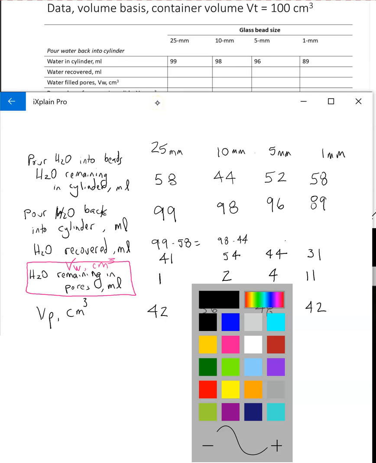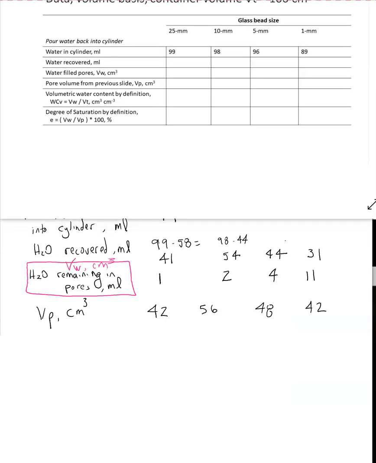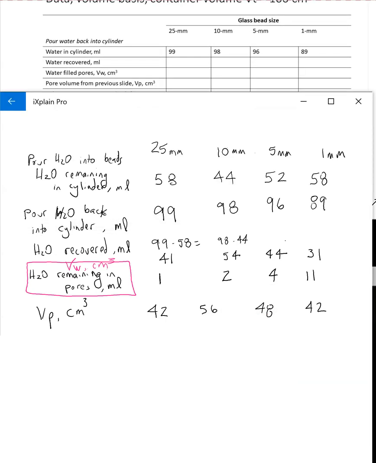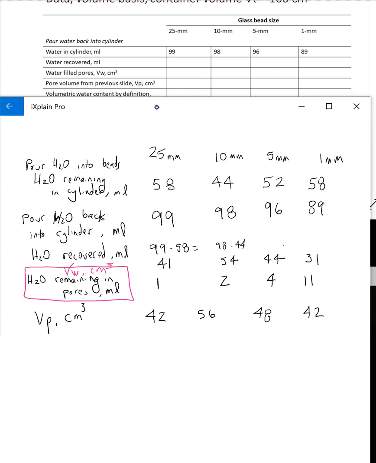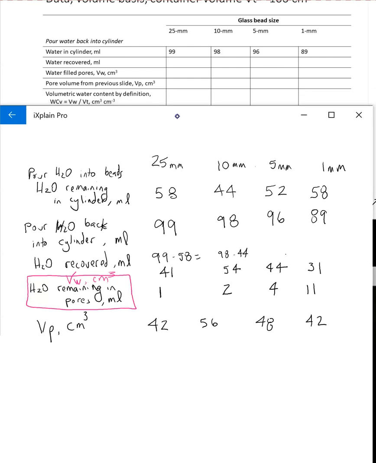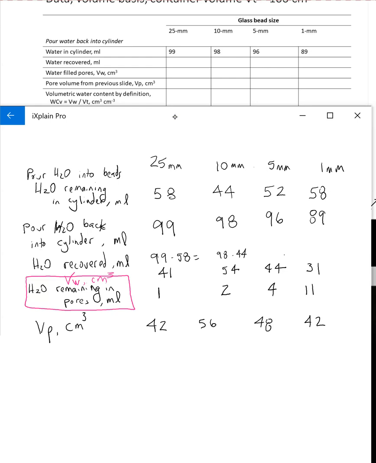Now, the next thing that we want to know, we have the pore volume that we got from the previous slide. And now we want to do the volumetric water content using the definition formula. If we think about our cube again, the volumetric water content, we did that previously. And the volumetric water content by volume is equal to the volume of the water divided by the total volume. The value is going to be in cubic centimeters per cubic centimeter.